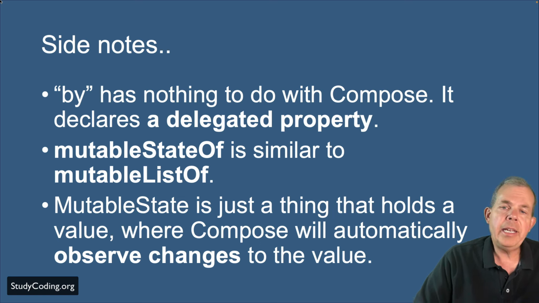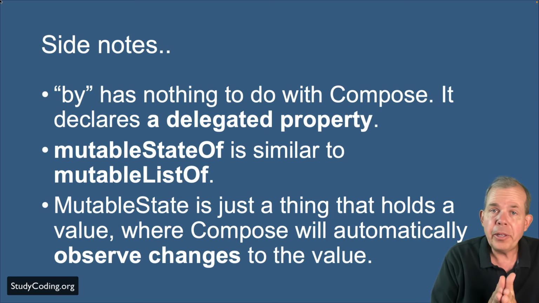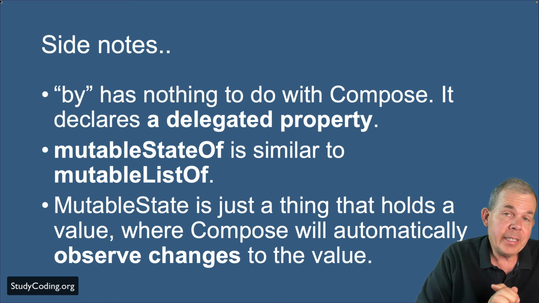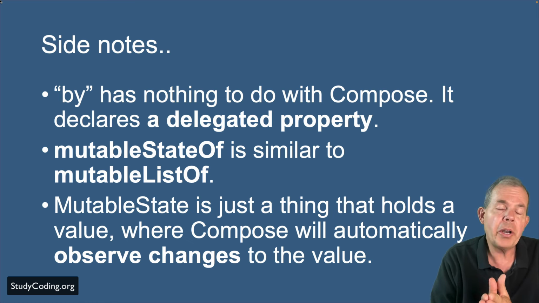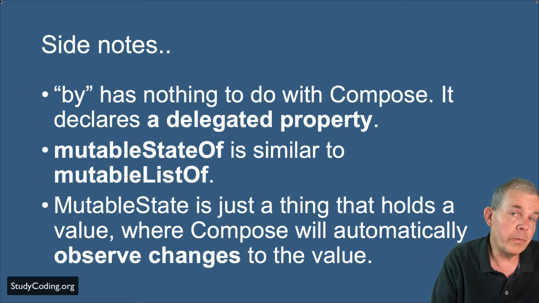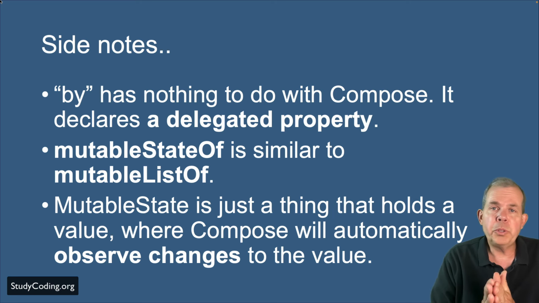So mutable state is a thing, we'll call it, or a value that holds some contents. And the important part is that Compose, the user interface, will automatically observe the changes to the value. So what does observing mean? Observing means that the user interface responds to a change automatically.